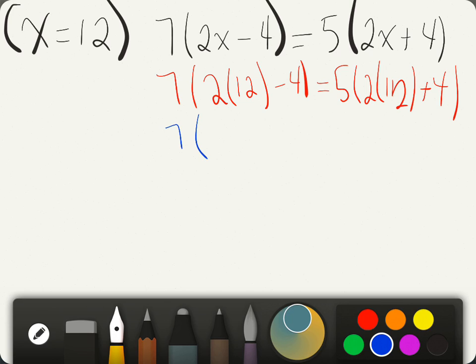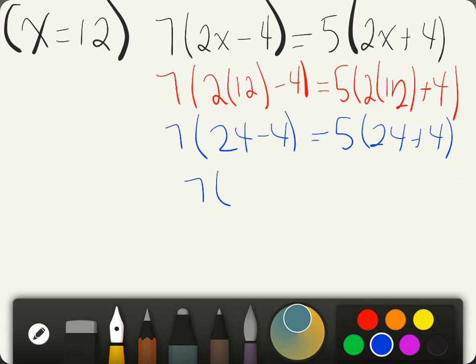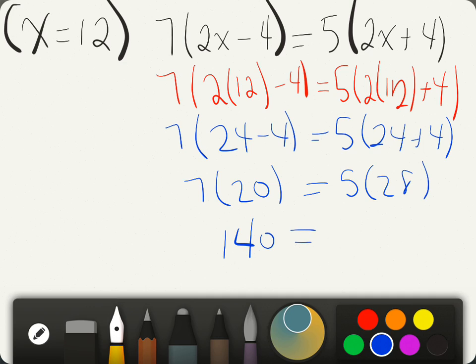I'm going to do the inside first, so 12 times 2 is 24 minus 4. 5 on the outside. 2 times 12 is 24 plus 4. 7 times 20. 5 times 28. 7 times 20 is 140. 5 times 28 is 140. Therefore, x is in fact equal to 12.